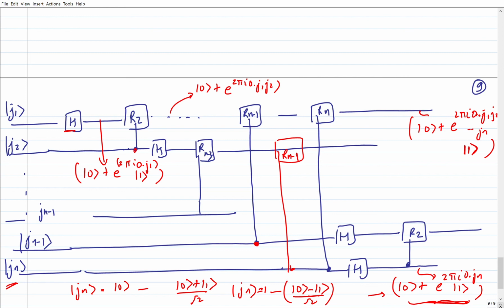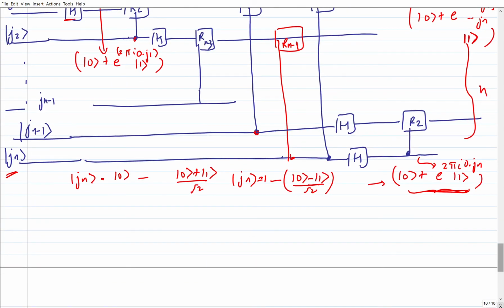Why do I say it's a beautiful circuit? Well, if you look at the complexity of this thing, you have the order of small n gates on each wire, let's say, and there are n wires. So the complexity is coming out to be n squared.